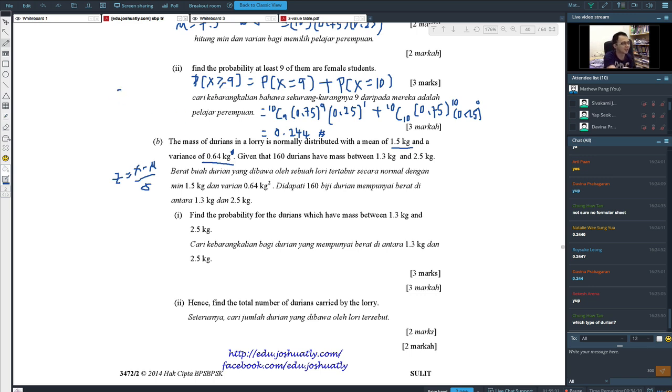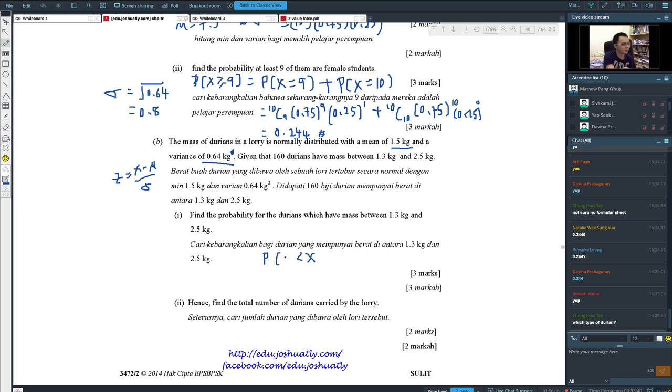Alright, then I will read the question. Okay, given that 160 durians have a mass between 1.3 kg and 2.5 kg. So find the probability that the durian will have a mass between 1.3 and 2.5. So the question asks you to find the X value between 1.3 and 2.5.